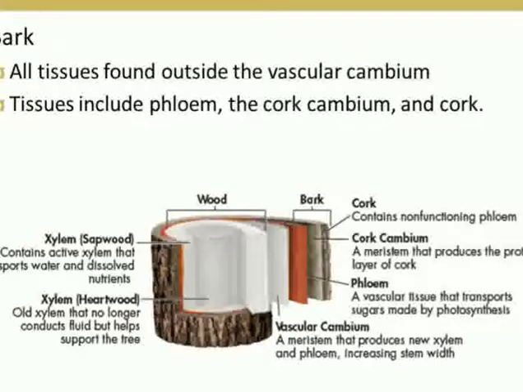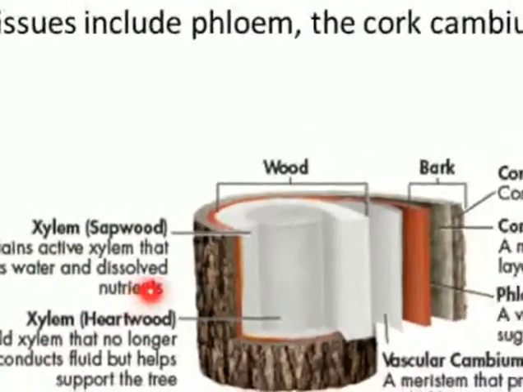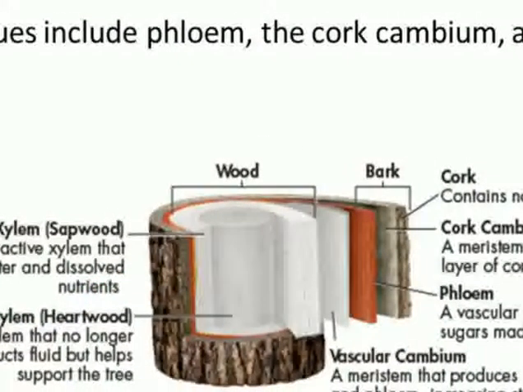Bark refers to a number of tissues, periderm, secondary phloem, etc. Bark that is formed early in the season is called the early or soft bark. Towards the end of the season, late or hard bark is formed.